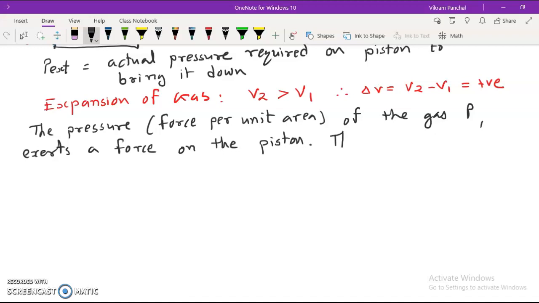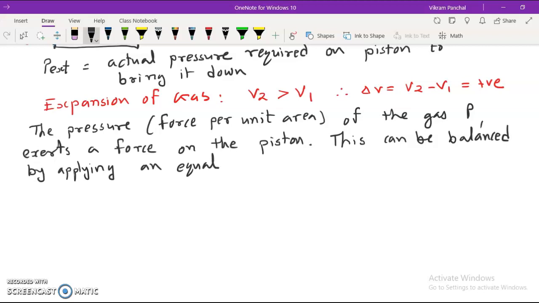This can be balanced by applying an equal but opposite pressure from outside on the piston.